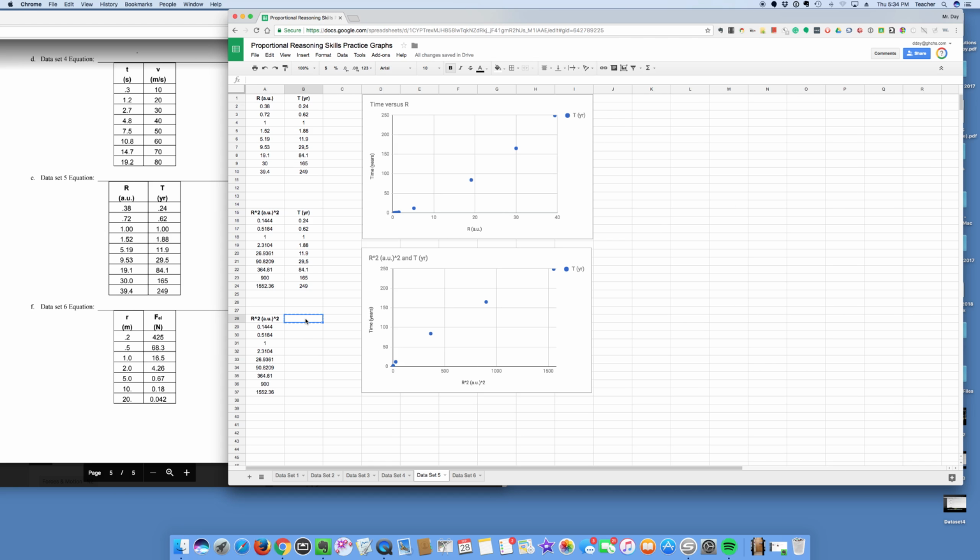Okay, and then I'm gonna square time. And hopefully that equals t squared. And those units will become years squared, right? Uh-oh. Does that say equals? I didn't want an equals there. There we go. Oh, you need that bold. There. So I'm going to take the first time value and square it.